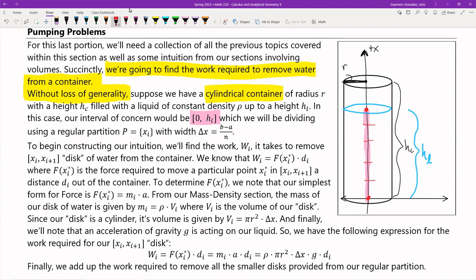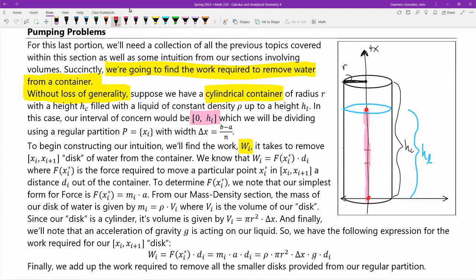So to construct our intuition, the idea here is this. We're going to try to find W sub i, the work for trying to remove the ith disk of water from our container.